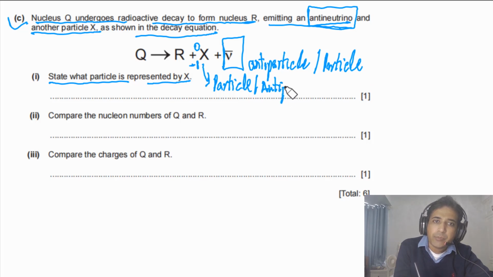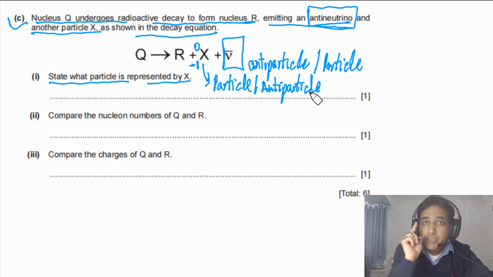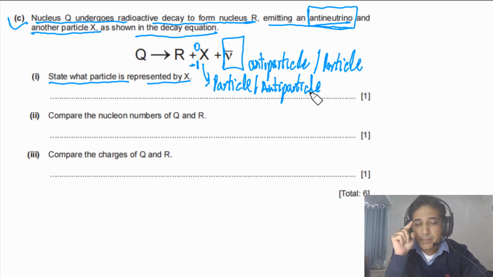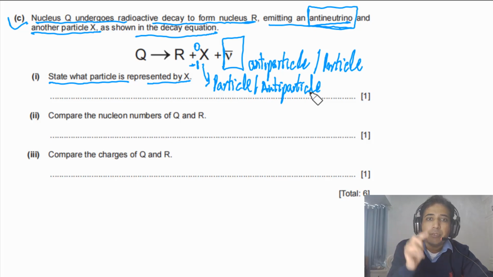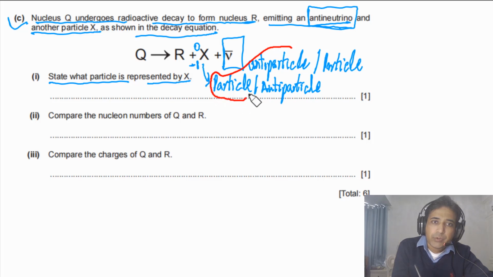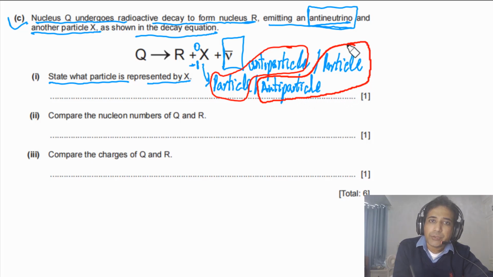So this is the main concept you need to understand, because of these 2 particles, one has to be a particle and one has to be an antiparticle to conserve lepton number. So this combination is possible and this combination is also possible.